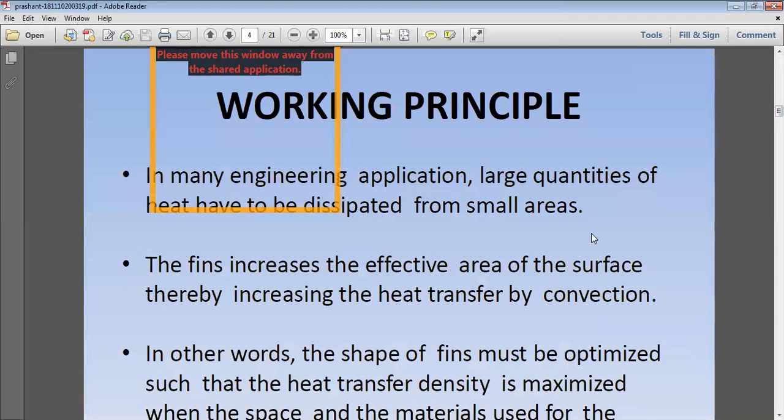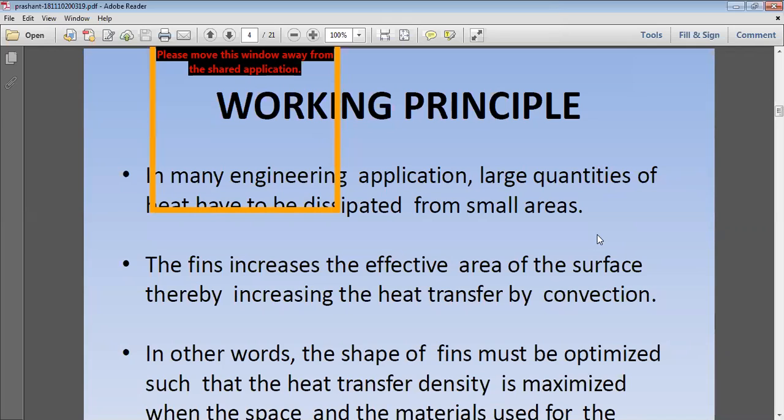Now coming to the working principle of fin. In many engineering applications, large quantities of heat have to be dissipated from small areas. Most of the time, when we design an engineering component in a thermal application, it has to dissipate the heat to the surroundings.